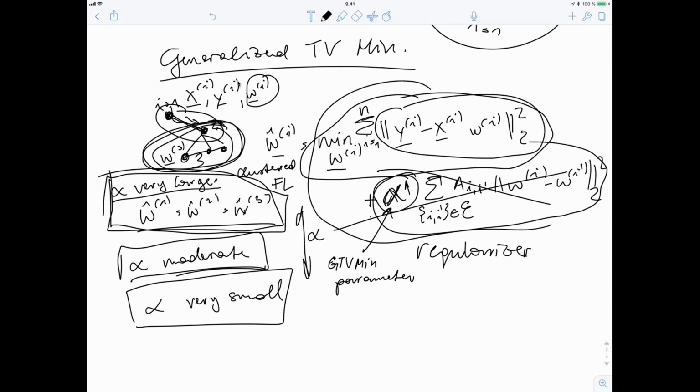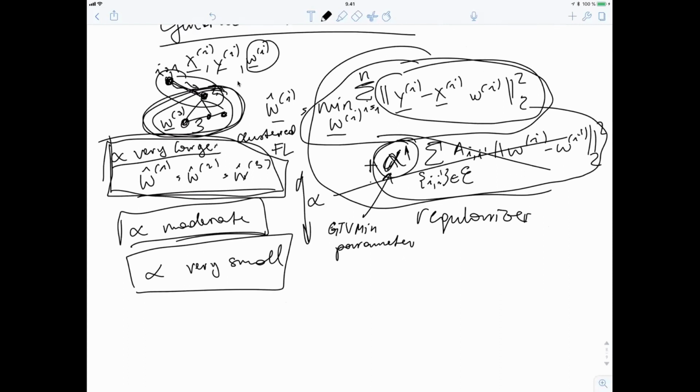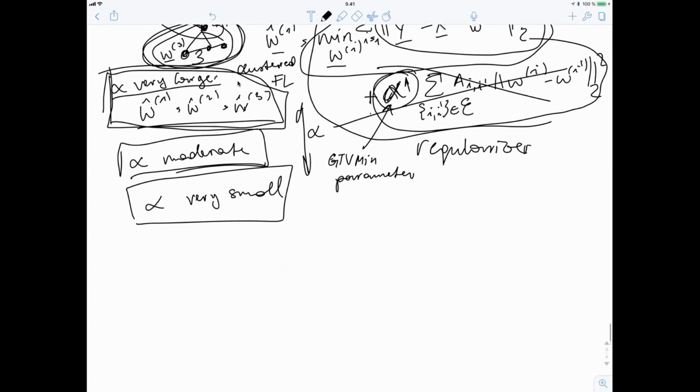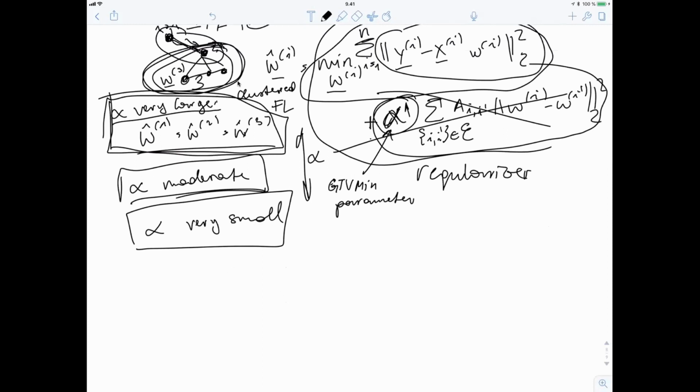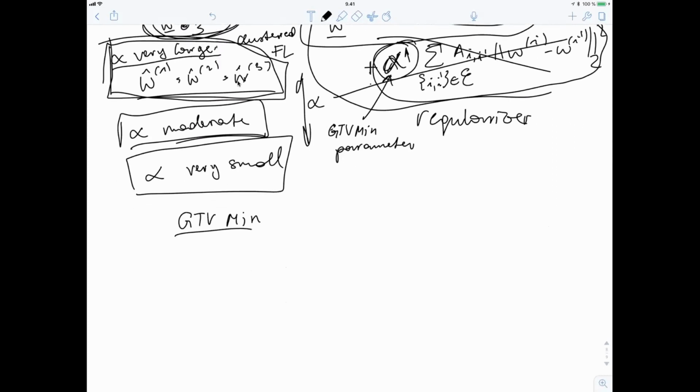Okay, but let me just briefly rewrite this GTV minimization. You find the derivation in more detail in the lecture notes. You can rewrite GTV minimization as, guess what, a quadratic optimization problem.